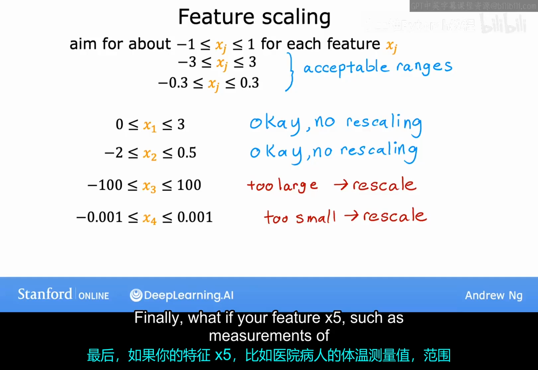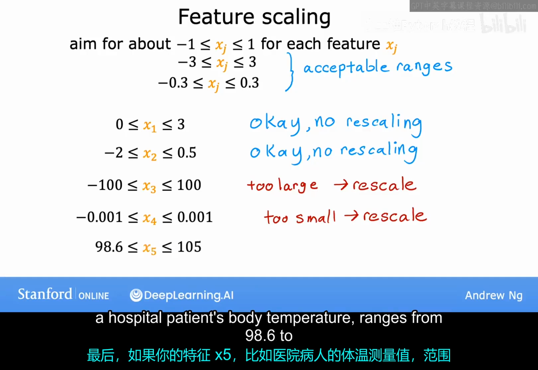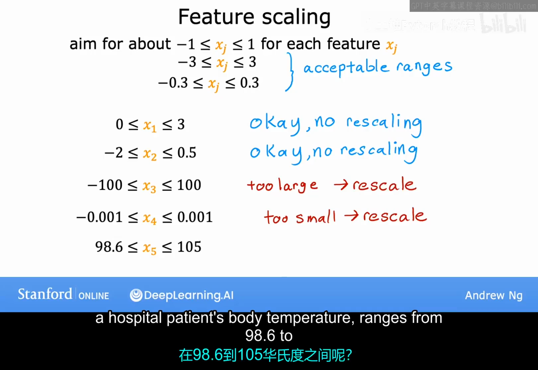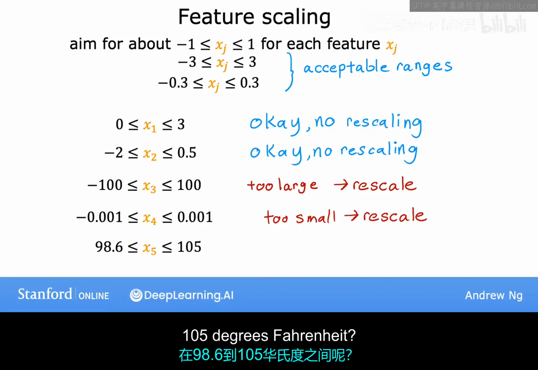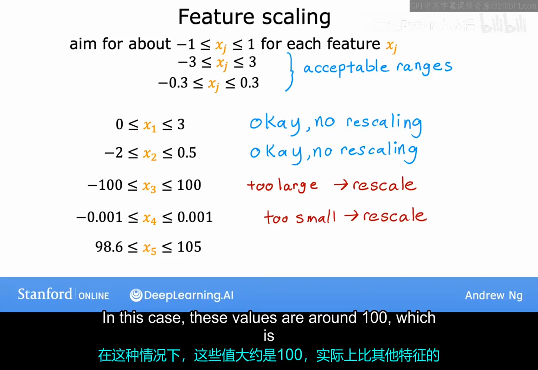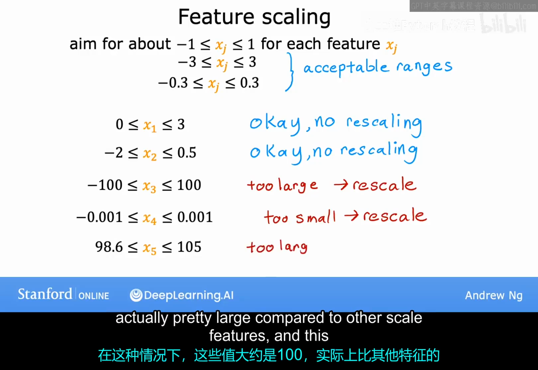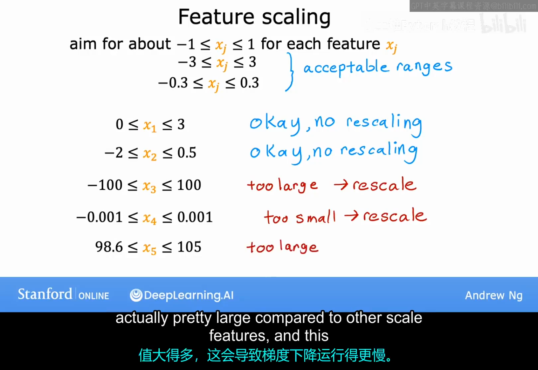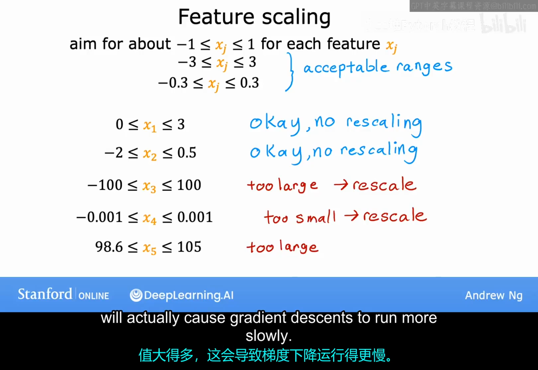Finally, what if your feature x5, such as measurements of a hospital patient's body temperature, ranges from 98.6 to 105 degrees Fahrenheit? In this case, these values are around 100, which is actually pretty large compared to other scaled features, and this will actually cause gradient descent to run more slowly.